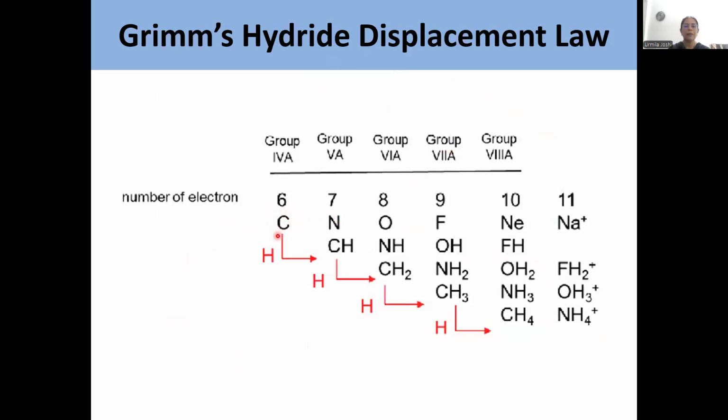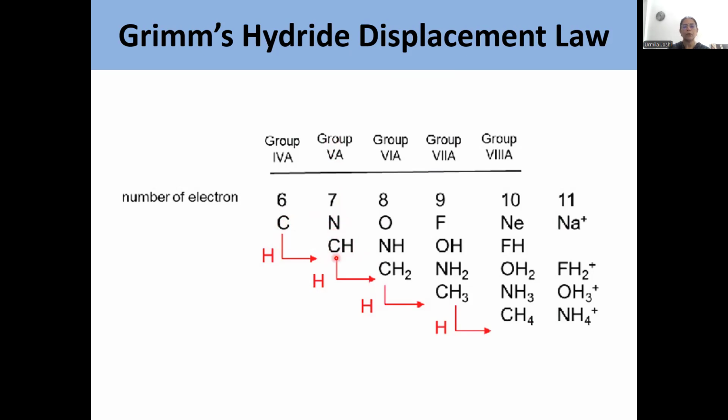This is carbon. This is tetravalent in nature. You add one hydride to this carbon, or one hydrogen for that matter to this carbon, it becomes CH. Now, this CH as a group or as a group of atoms is equivalent to the next atom in the periodic table, that is nitrogen.